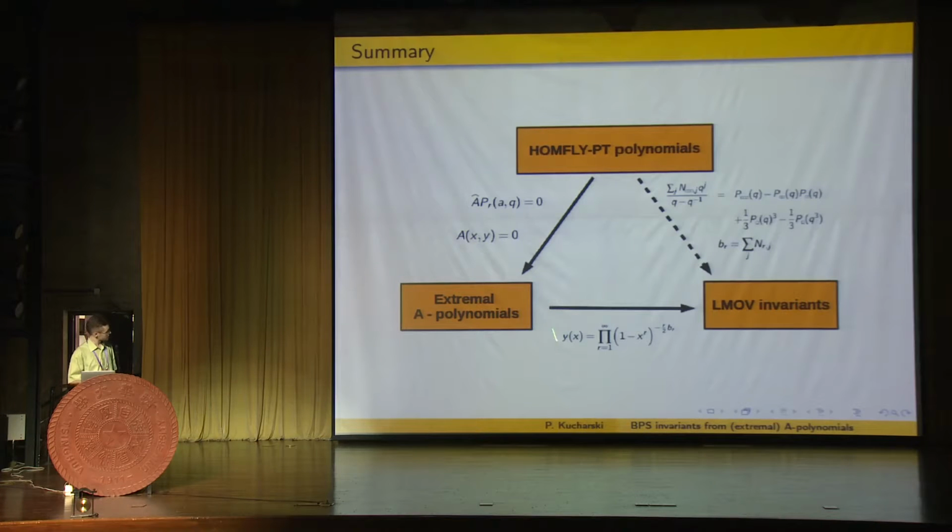Solutions of A equals 0 encode B_R in this product formula. This equation and its quantum analog give us access to explicit values, recursion relations, combinatorial models, and integrality properties of LMOV invariants. Thank you for your attention.